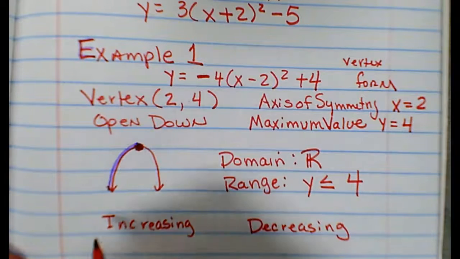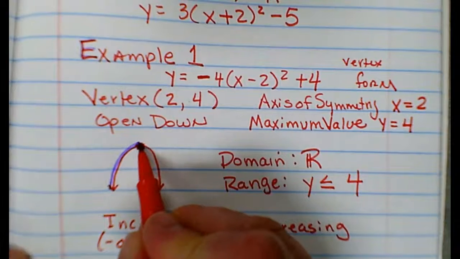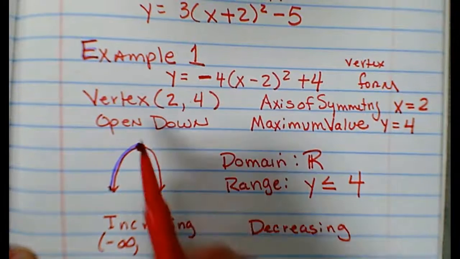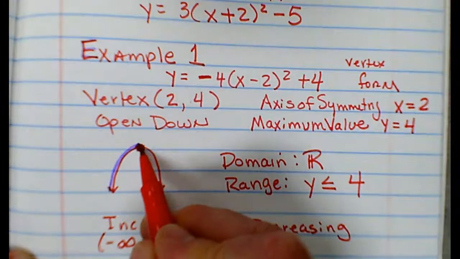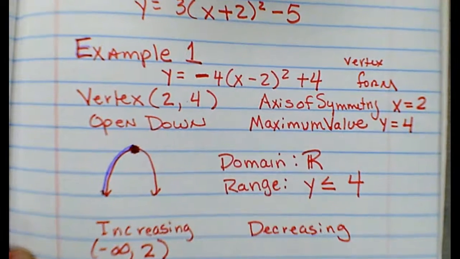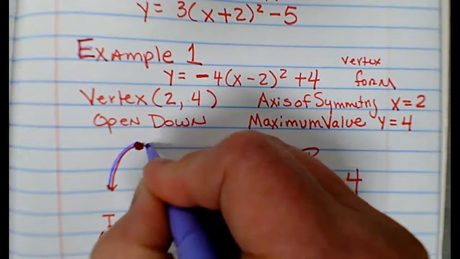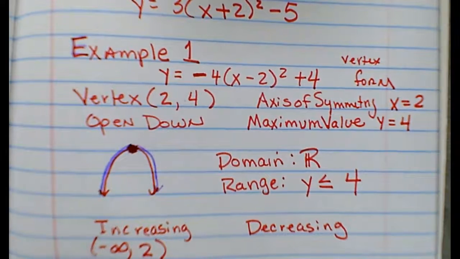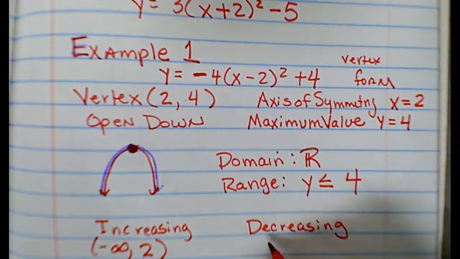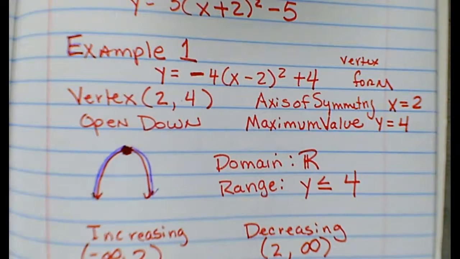It is increasing from negative infinity to the vertex point. We put our increasing and decreasing in terms of x. So it's increasing until the x gets to 2. And then what's happening? My pen is going down. And so it is decreasing from 2 to positive infinity.